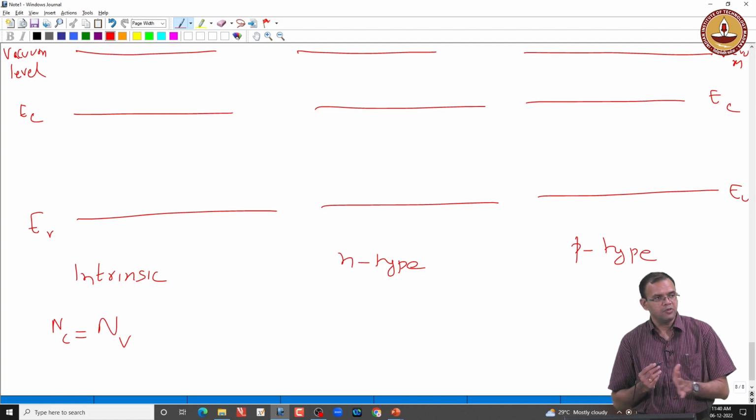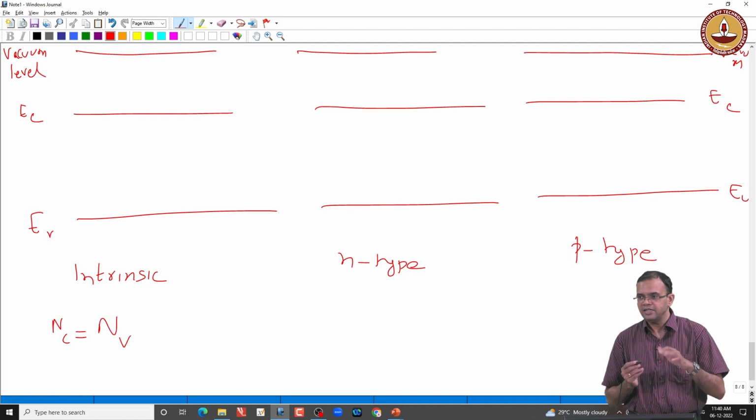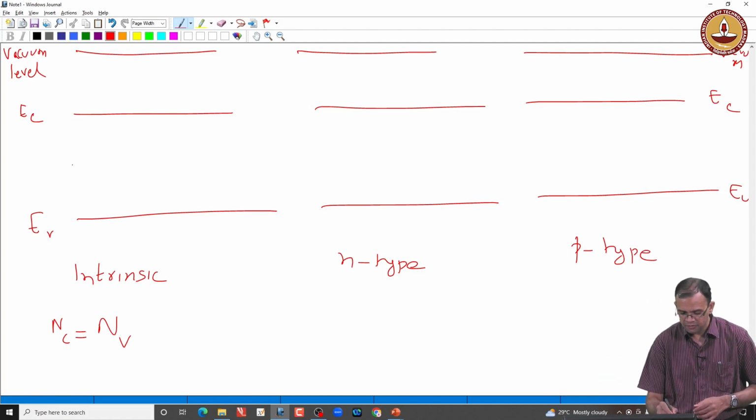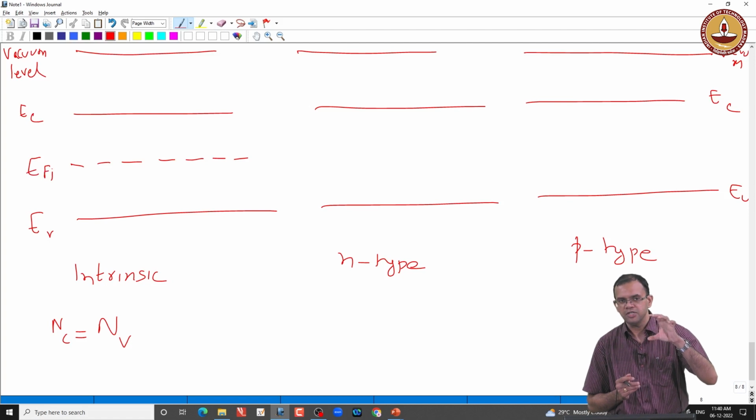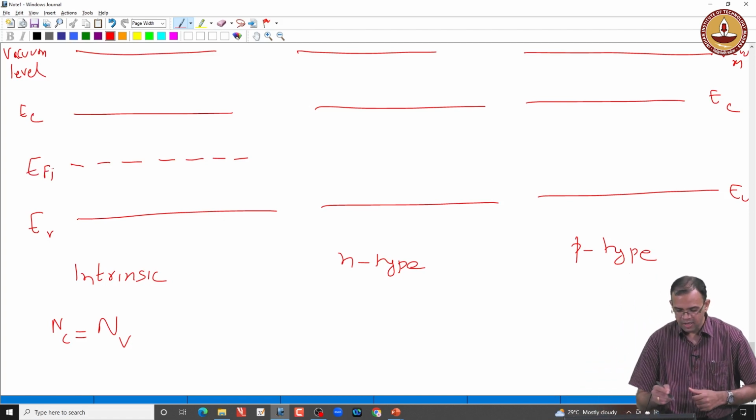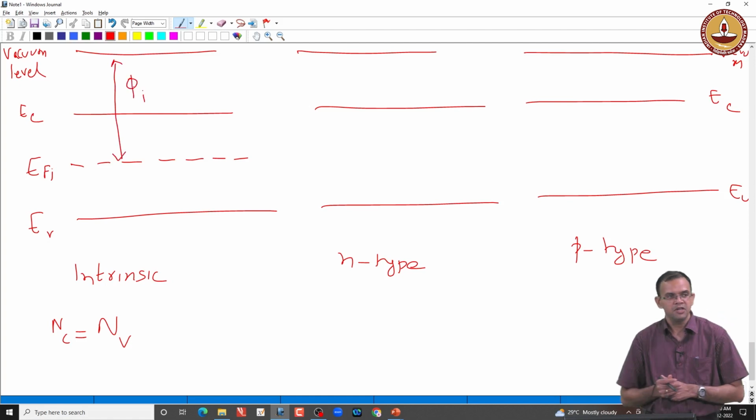So if NC is equal to NV, in an intrinsic semiconductor, EFI, the Fermi level, is going to be right in the middle. So it's going to be the band gap divided by 2. So it's going to be right there. From the Fermi level to the vacuum level would be the work function, right?